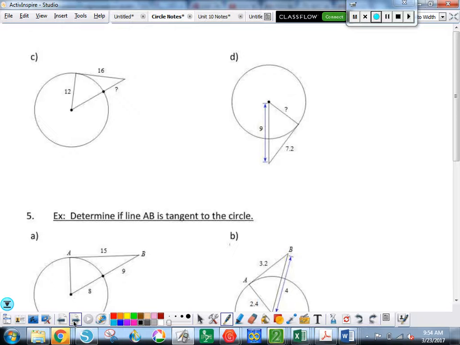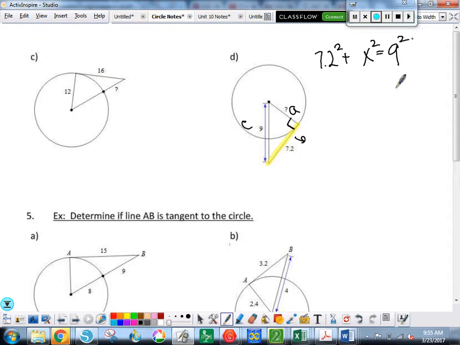All right, so which one's the tangent line? The 7.2? So this one would be the 90. So which one would be your hypotenuse? The 9. So this would be the C, this would be the A, the B. 7.2 squared plus X squared equals 9 squared.